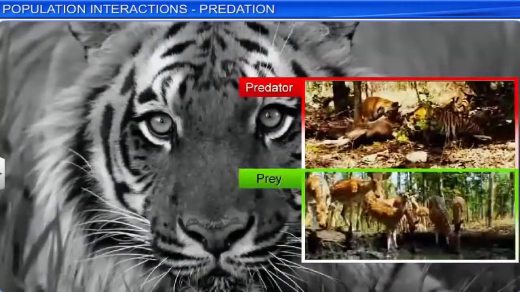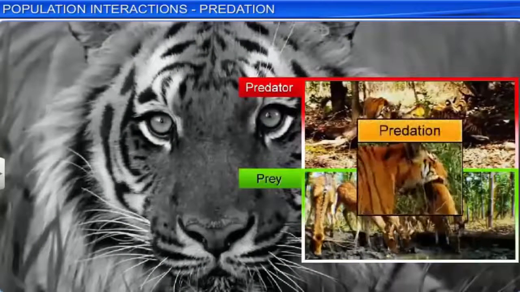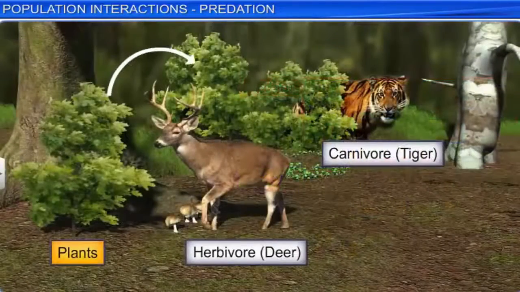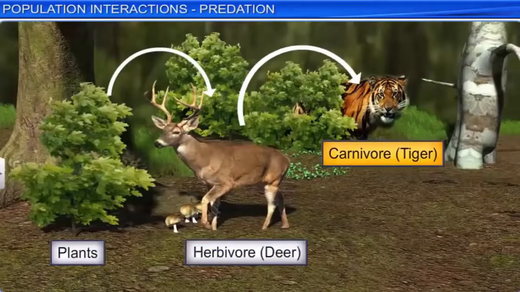For plants, herbivores are the predators, which in turn are predated by carnivores. In fact, predation helps in the transfer of energy from one trophic level to another.